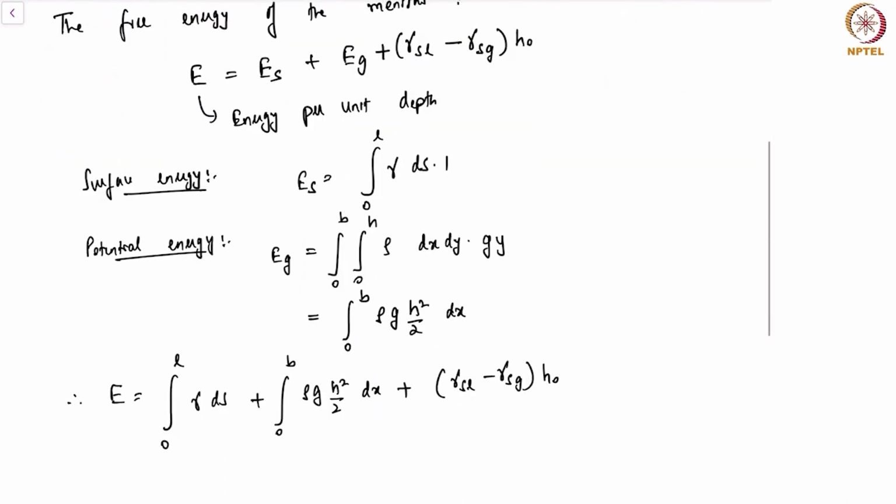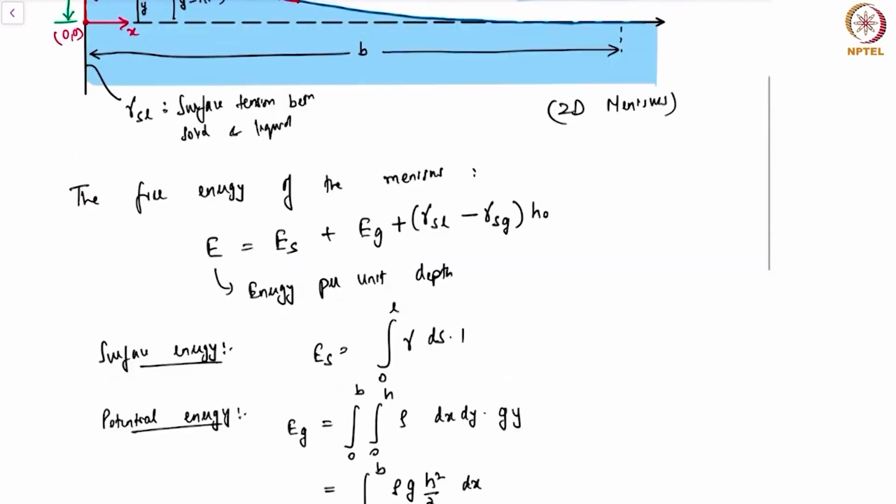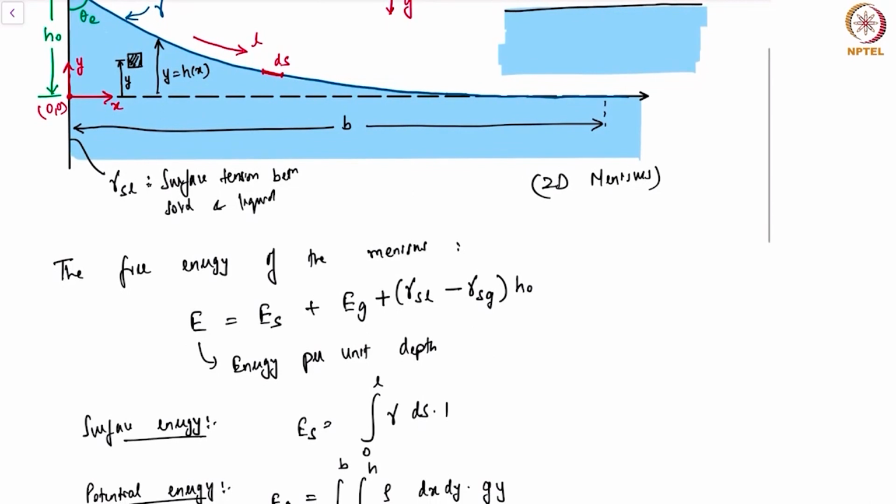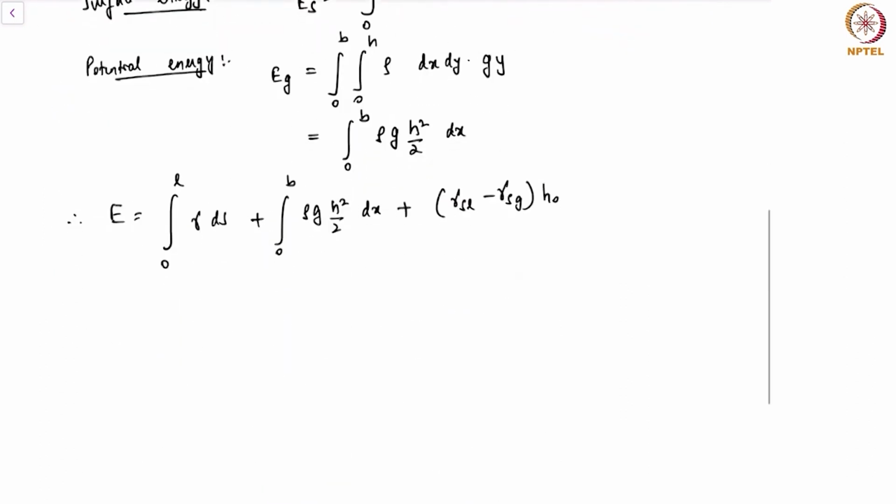Now let's make one more simplification. So if I'm at any arbitrary point on the meniscus, let's say the angle is theta. Okay. So let me make a slightly different sketch on the side.